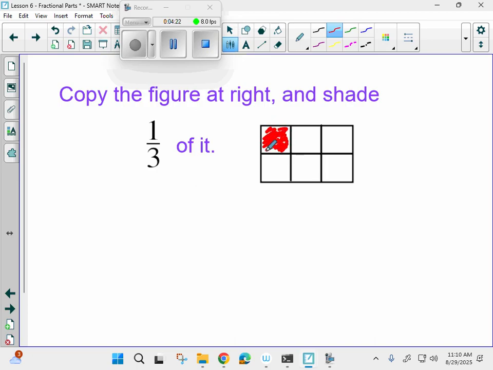No, what is this? Yeah, it's split into 6. So how many of these do I need to shade, everybody? 2. Yes. All right, 2/6 is equal to 1/3. It will reduce. So we need to shade a third of it, which is 2 of those boxes, 2/6.